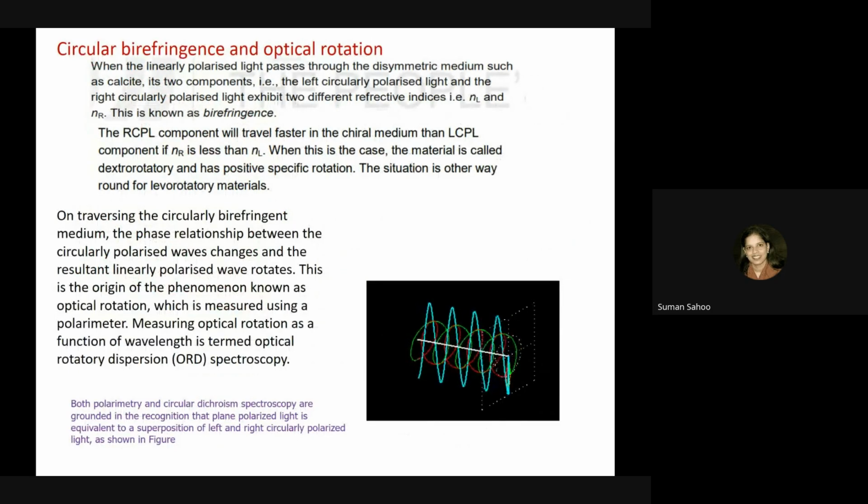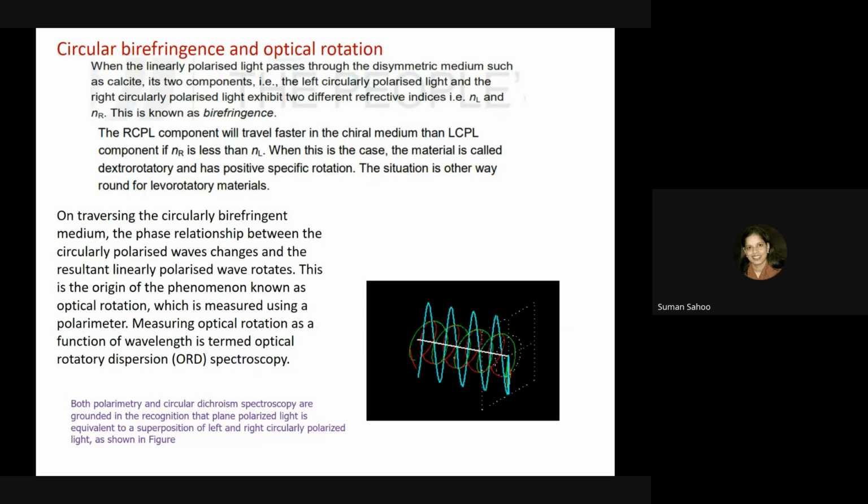So what is circular birefringence and optical rotation? When the right circularly polarized light and the left circularly polarized light coincide, that gives you a linearly polarized light.